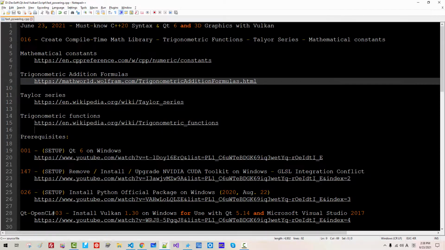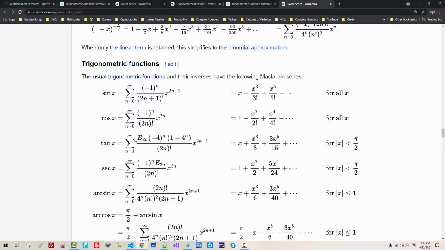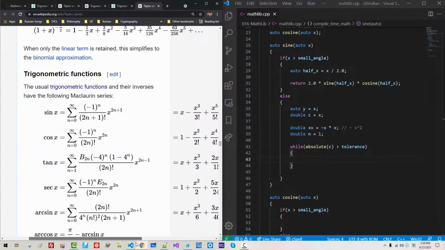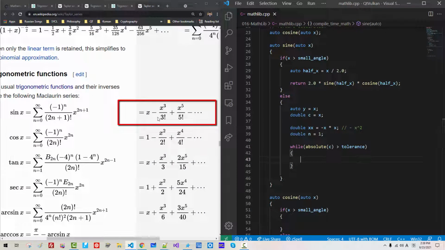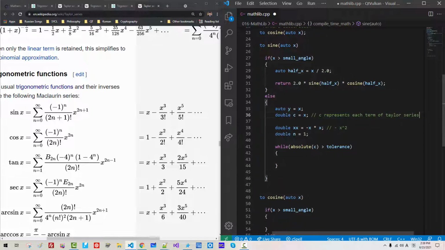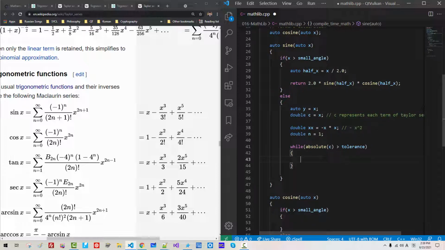I am using the Taylor series for the sine function defined here. So I will arrange side by side like this. C represents each term of the Taylor series. Here we compute c equals x. We multiply c by this negative square term.